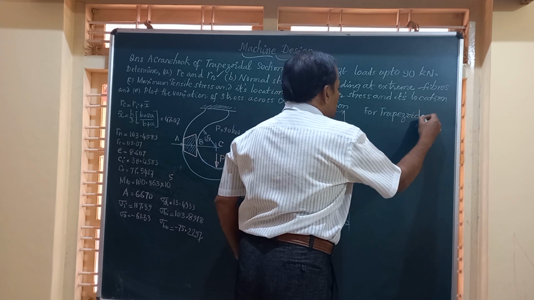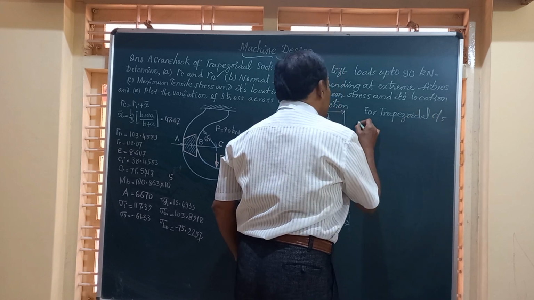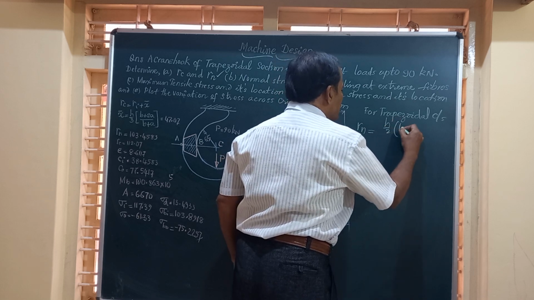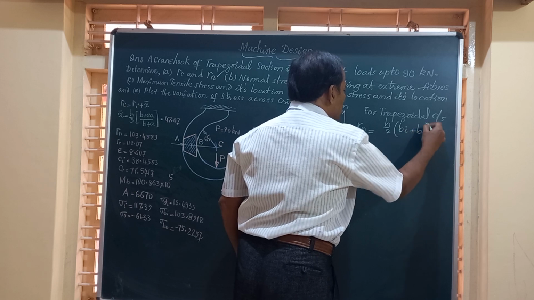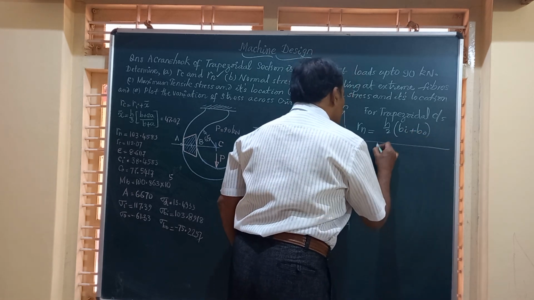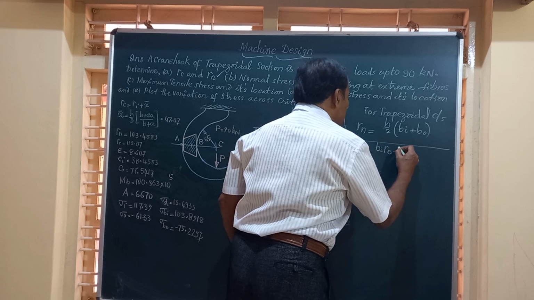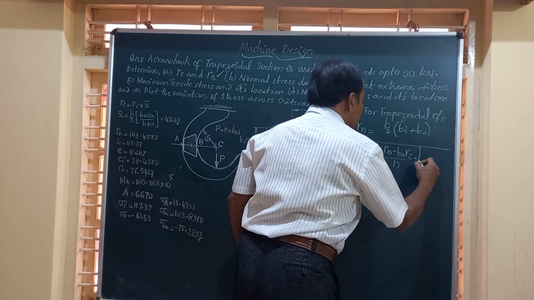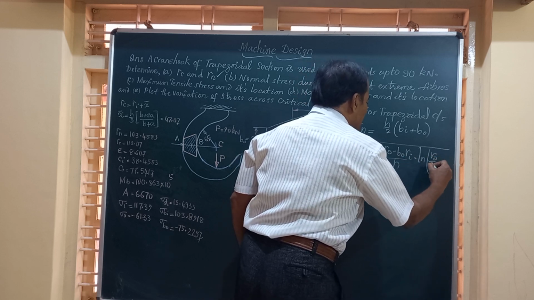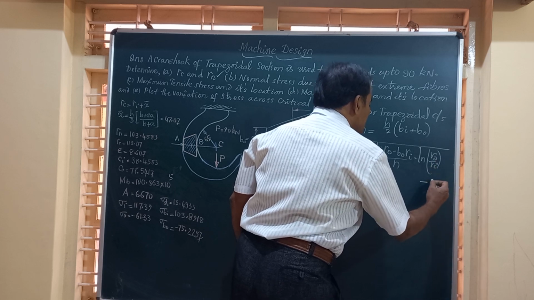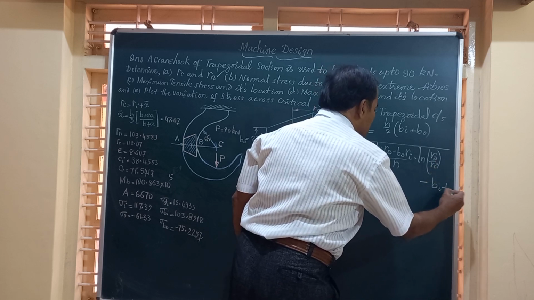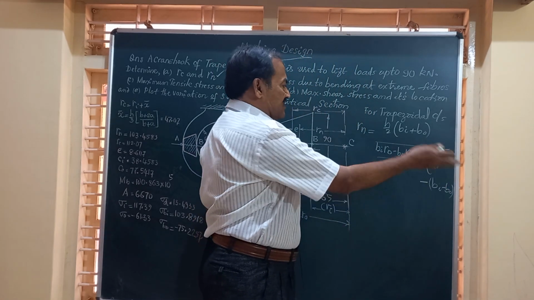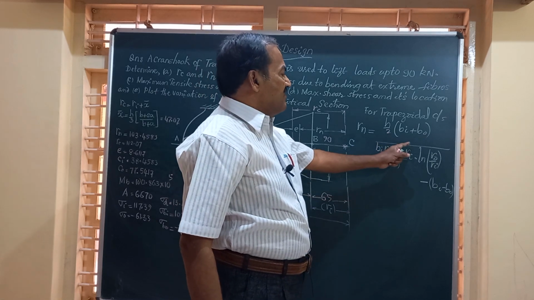for trapezoidal cross section, the Rn is given by the formula Rn is equal to h by 2 times bi plus b naught divided by bi r naught minus b naught ri divided by h ln of r naught by ri minus bi minus b naught. This is the expression for the Rn of the trapezoidal cross section. Friends, here you know all the values.